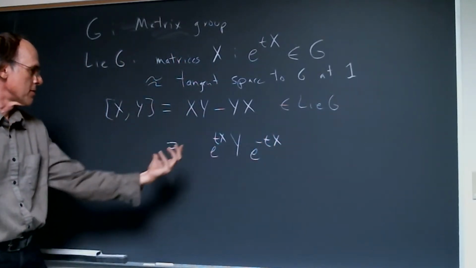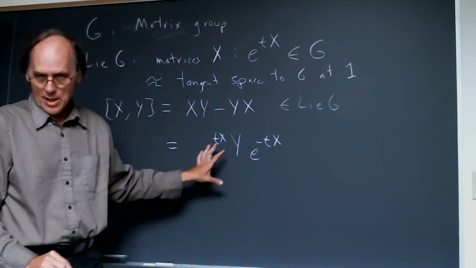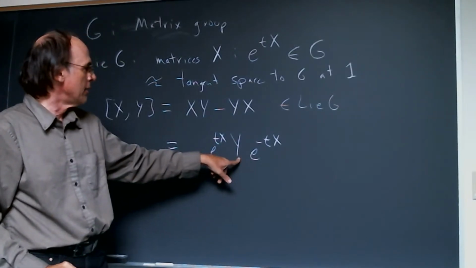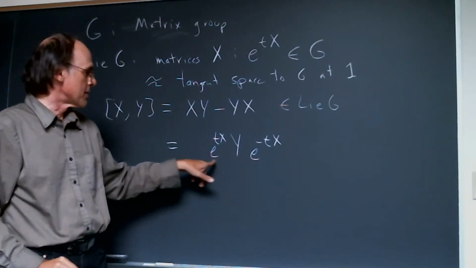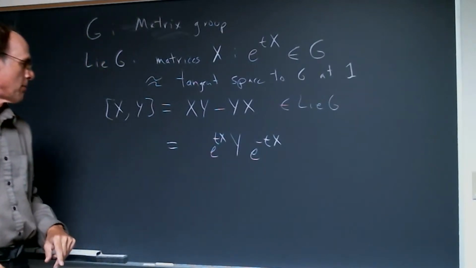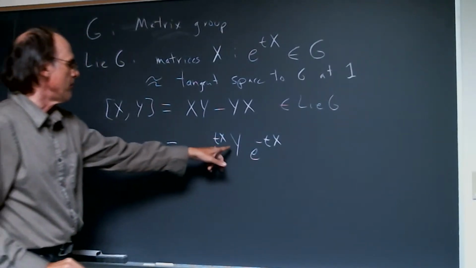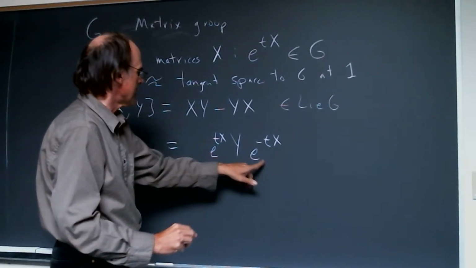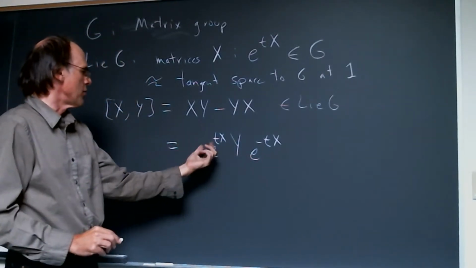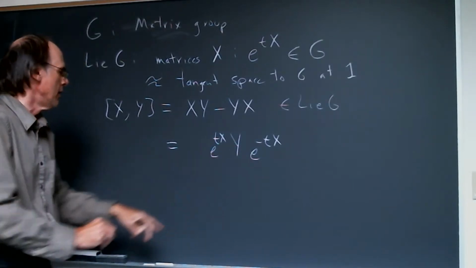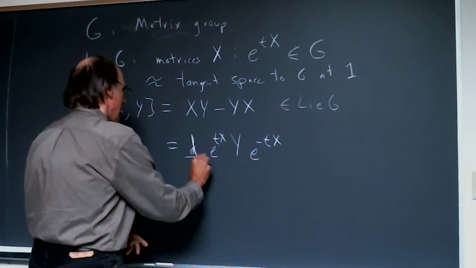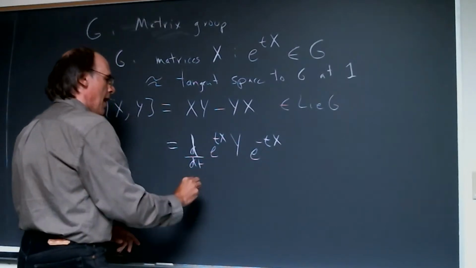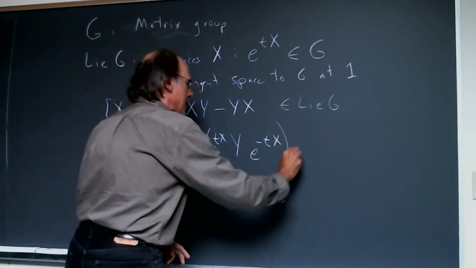Okay, so this gives you an action of the group on the Lie algebra, and this is actually what's called the adjoint representation of the Lie algebra. But the significance of this is that this is what you get if you just look at it infinitesimally. In other words, just take the derivative with respect to t of this at t equal to 0.